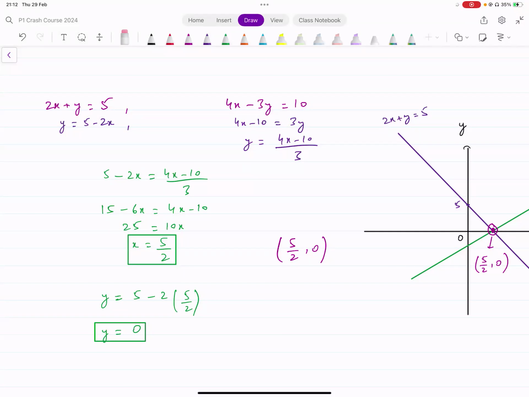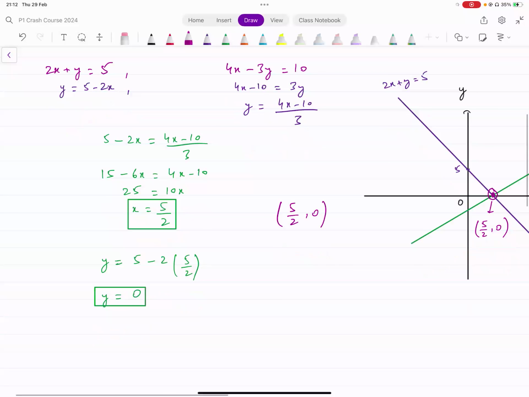All right. Any problems with this? Any questions? So this is the point of intersection of the two lines.